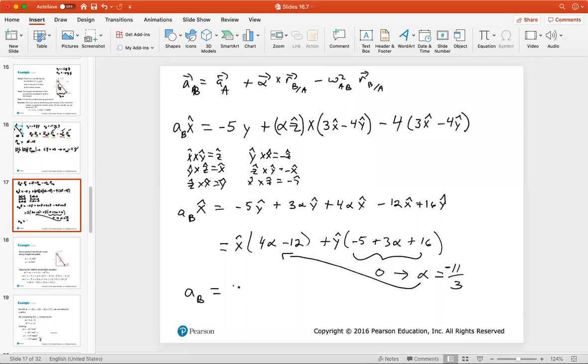Plugging that in, when I plug it all in, I actually get negative 26.7 meters per second squared. Let's see what they have.